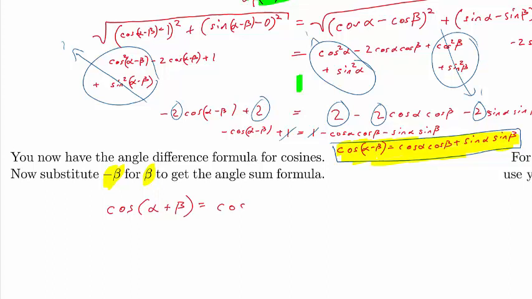Equals cosine alpha times cosine, and again we see a negative there, so we've got negative beta. And plus sine alpha times sine negative beta. Right, so negative beta showed up here, here, and right there.